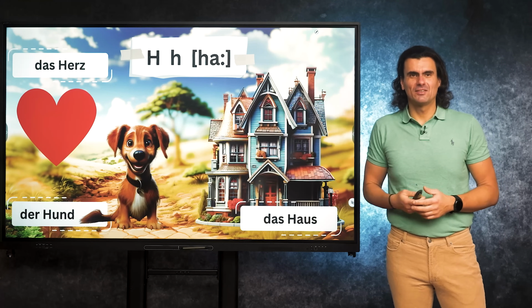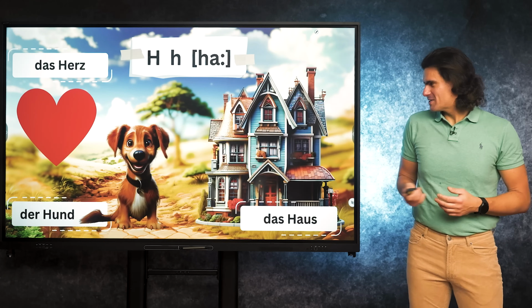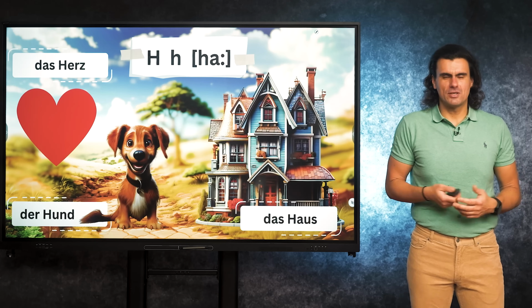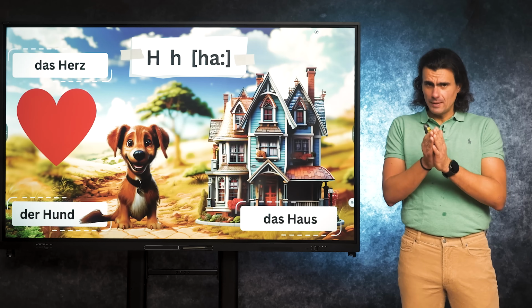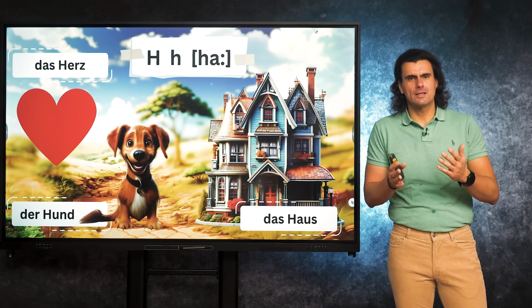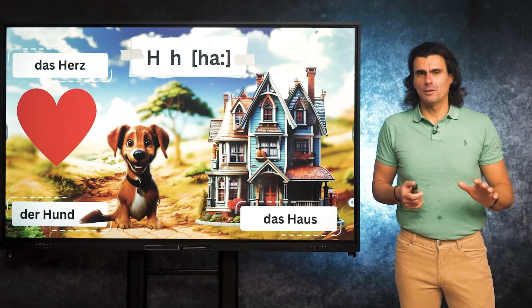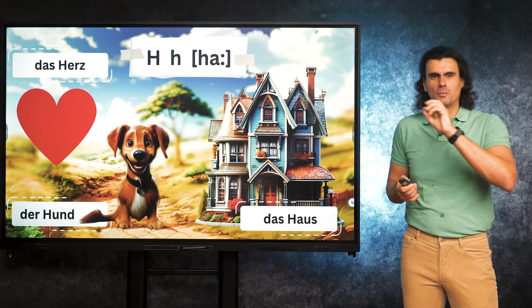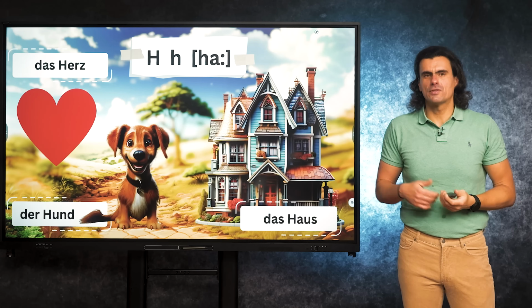Das Herz, the heart, der Hund, which is this cute doggy over there, und das Haus, which is the house, obviously. So as long as the H, das H, is at the beginning of a word, it should not cause you any trouble, because it is as if you want to put a little bit of condensed water on some sort of vitrine, on some sort of glass.